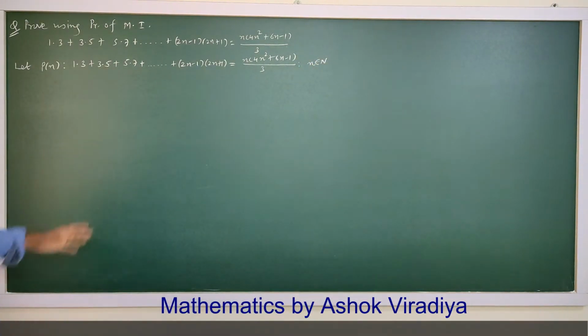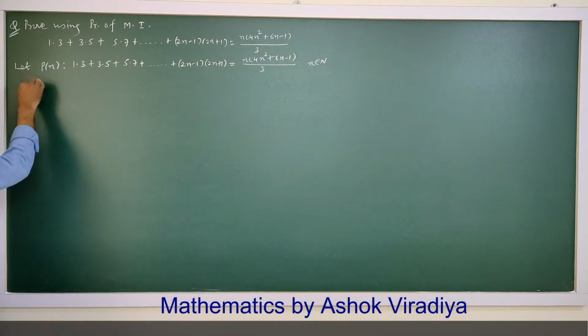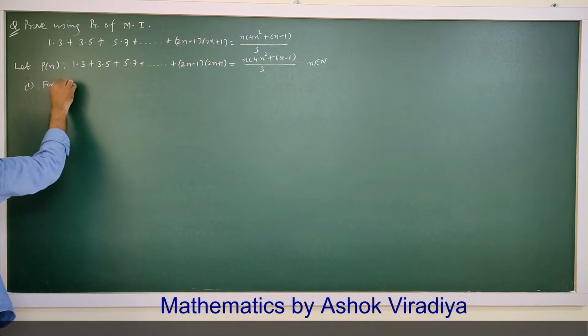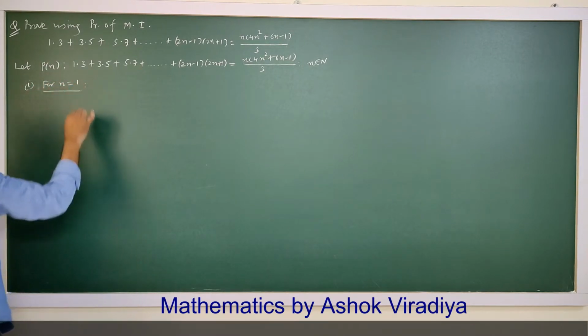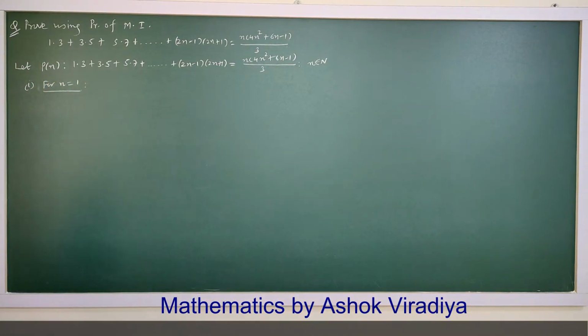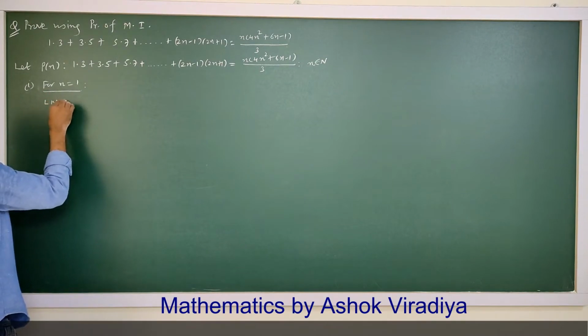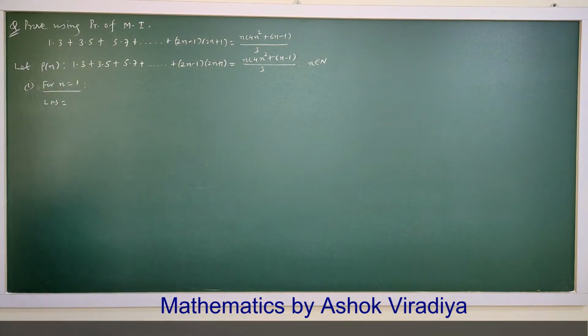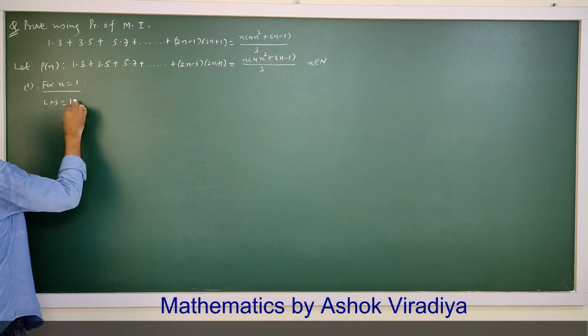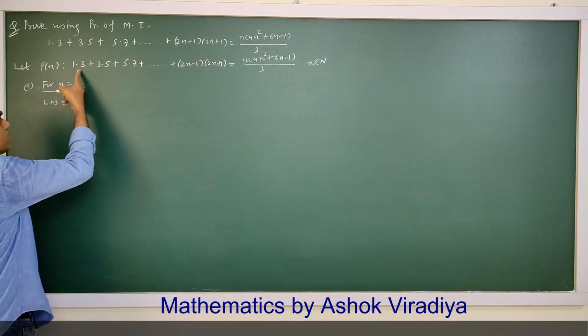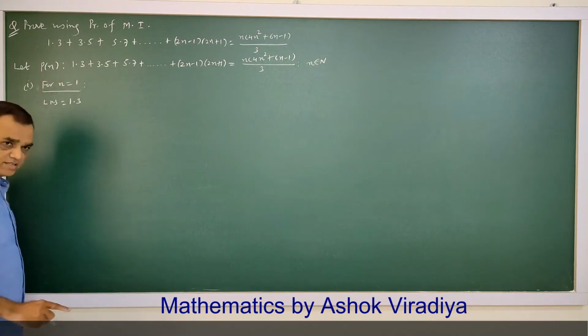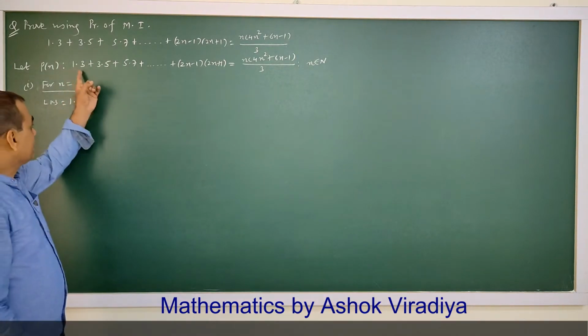Now to prove this statement, first part, for n equal to 1, we are going to show that the statement is true for n equal to 1. So for n equal to 1, we show left hand side is equal to right hand side. Left hand side, say 1 into 3, beginning from this number 1 into 3. This is the beginning.